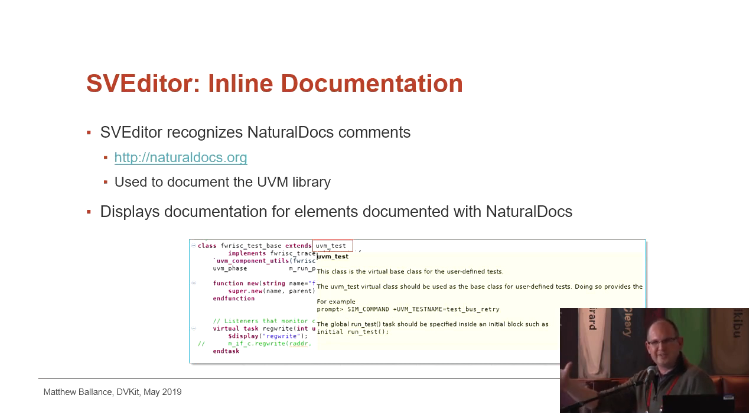So this, again, is a pretty handy thing. You're wondering what that UVM element is. UVM happens to be a library documented with Natural Docs. You hover over the element, it pops up the documentation for you, and describes exactly what you're looking at. So if you like to document your designs this way, you can also very easily see how those elements are documented.